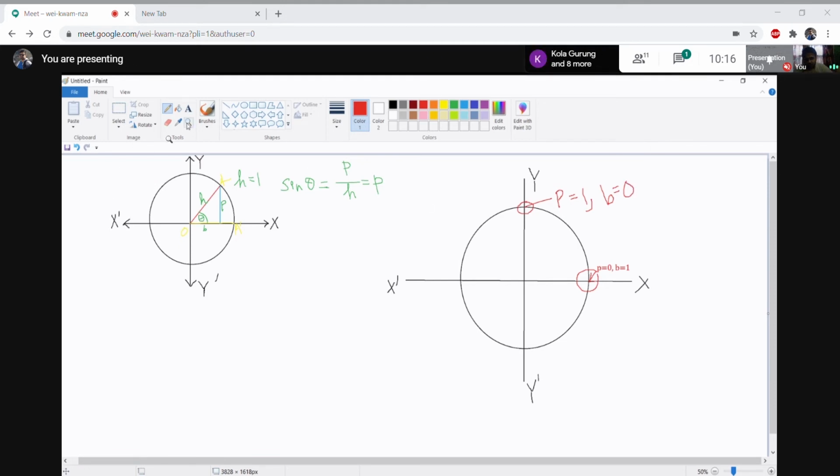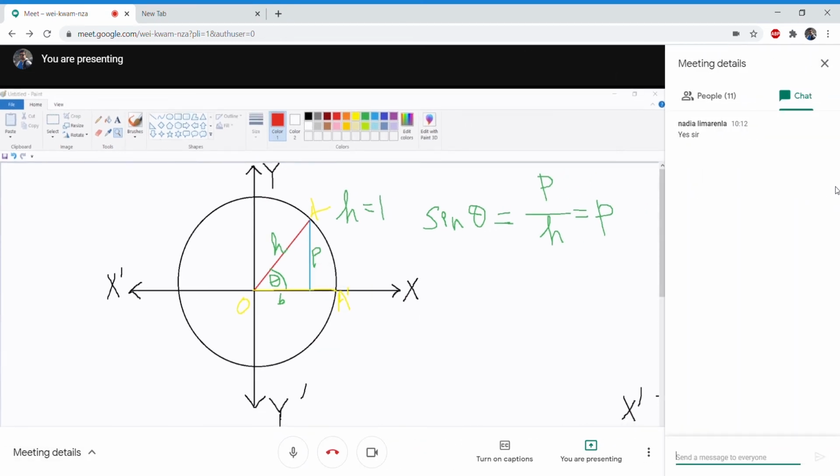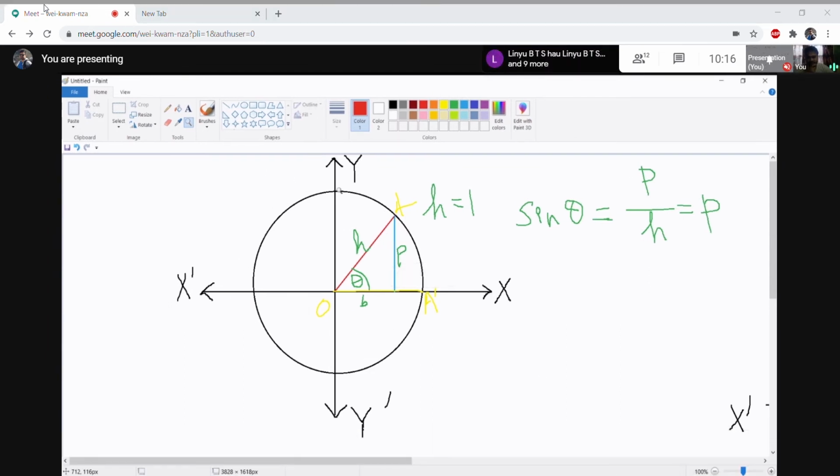Because look, if you see this radius OA, after some time when it goes here, it will be the radius and it is the perpendicular. Understood? So here the perpendicular P will be 1 but B will be 0.